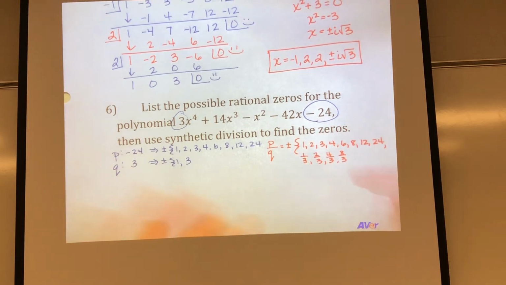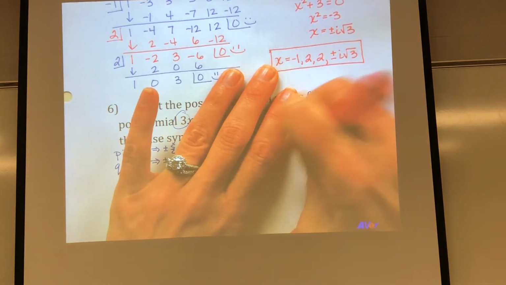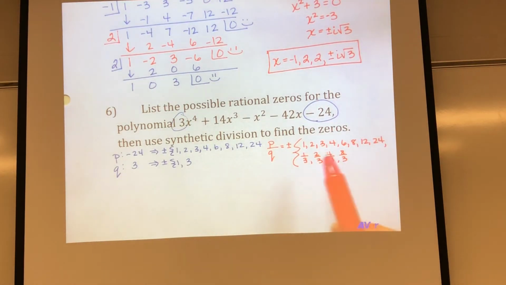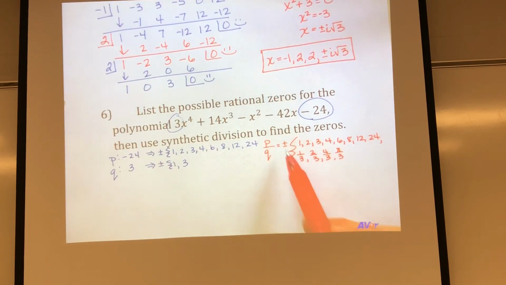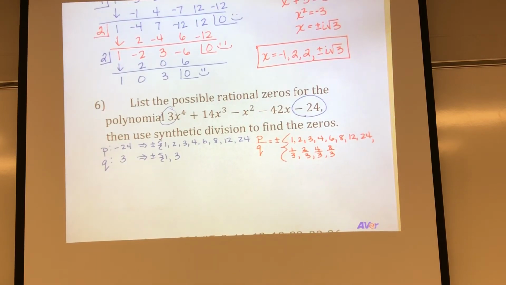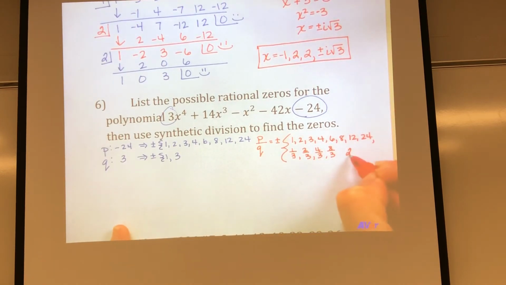So I need to make my brace a little bit bigger because all of these are our possibilities. We have 1, 2, 3, 4, 5, 6, 7, 8, 9, 10, 11, 12 times 2 because we have the positive and negative versions of that. So we have 24 possible zeros.